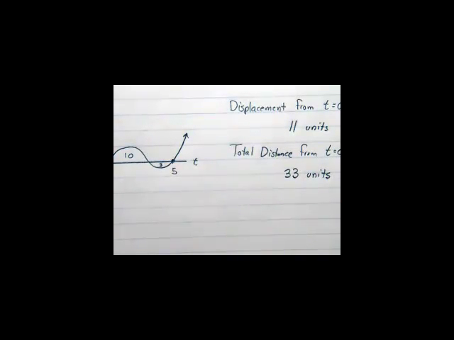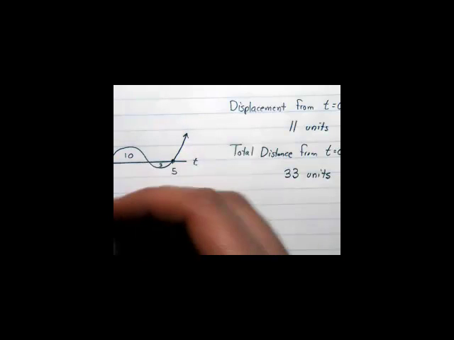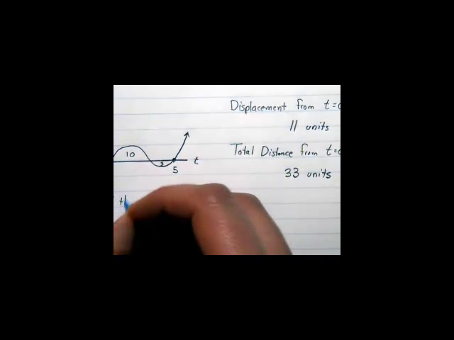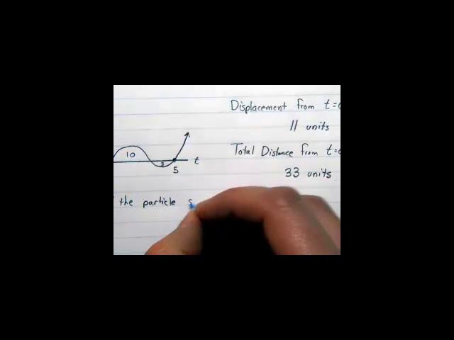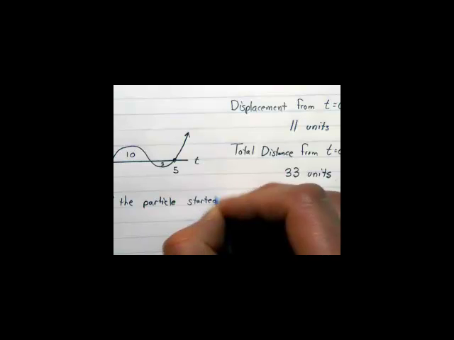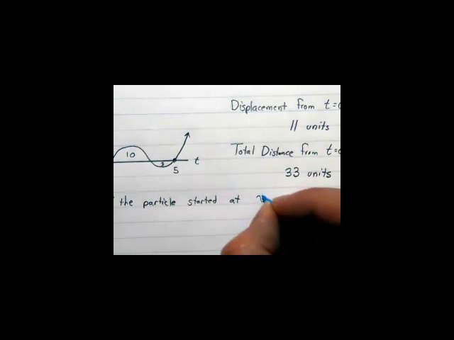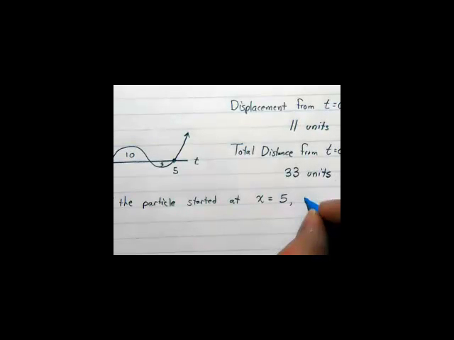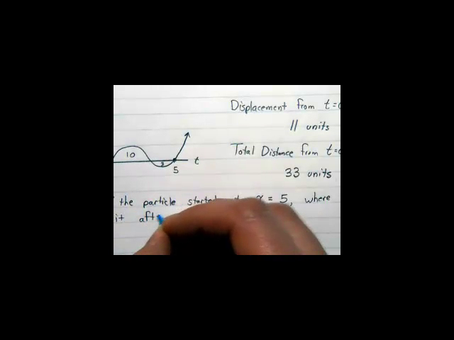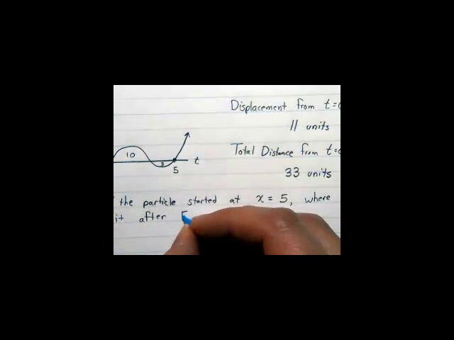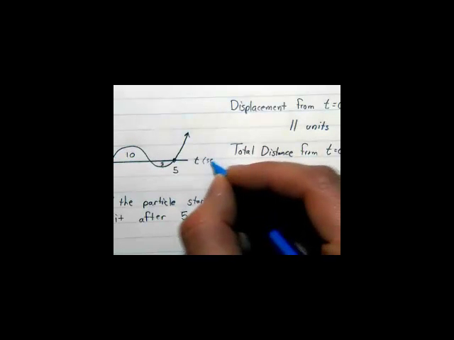Okay, so I'm going to expand on this just a little bit then. If the particle started at x equals 5, where is it after, and we'll say this is in seconds just so I can write this question.